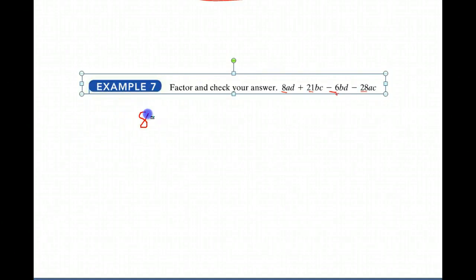So I'm going to write 8AD minus 6BD. This choice allows me to have my 8 and 6 together because they're both divisible by 2. And this should be a D, sorry.